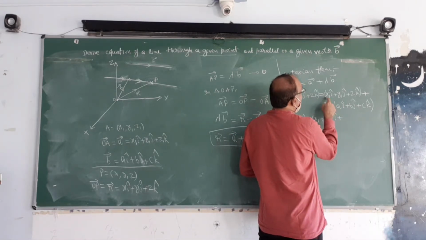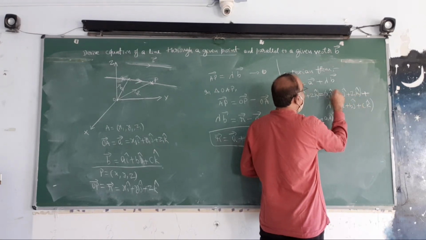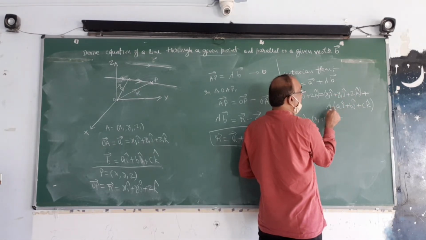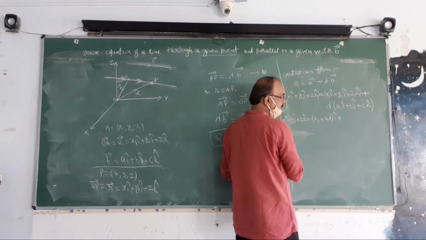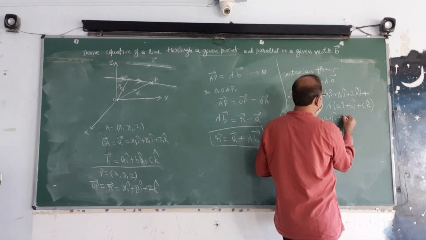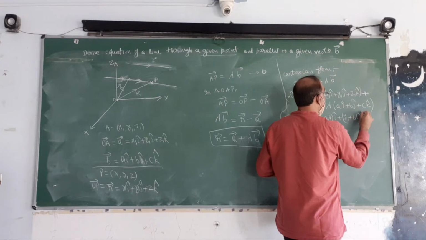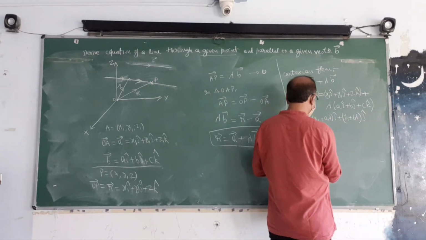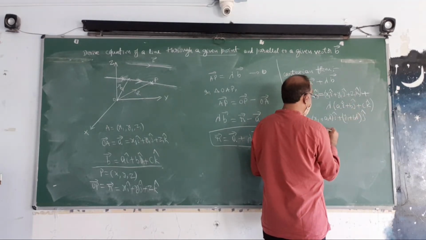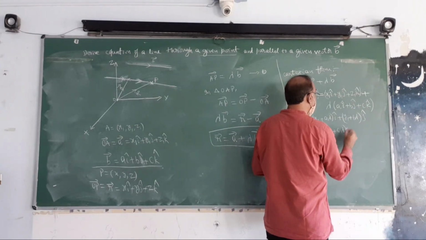Here x1, y1, z1, and here lambda a. If you take i common, what do you get? x1 from this and a times lambda from this; a times lambda or lambda into a, both are the same. And here y1 plus b times lambda for j. Next, z1 plus c times lambda for k.